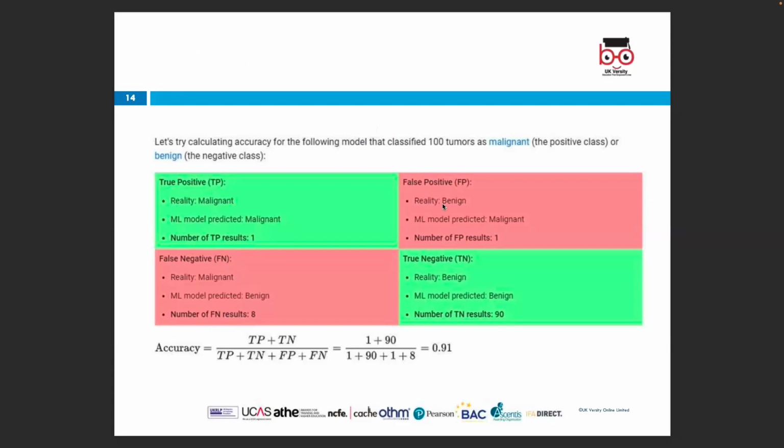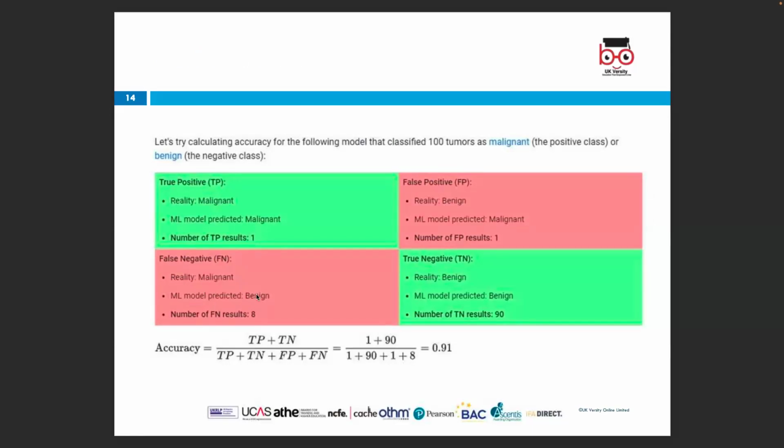Then the false positive: reality is benign, which is negative, the model predicted malignant, and the number of false positive results is 1. Then we have false negative, FN: reality is malignant, which is positive again.